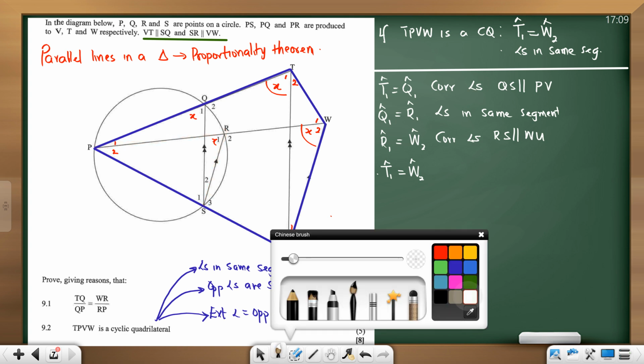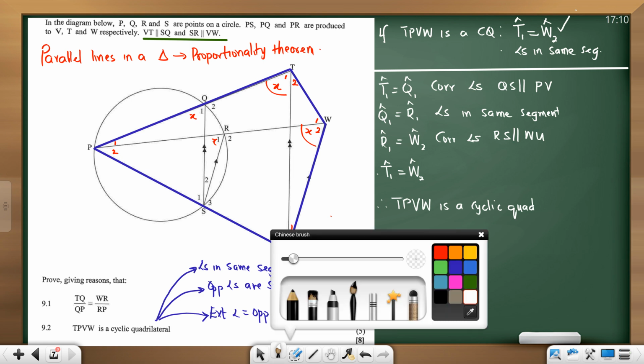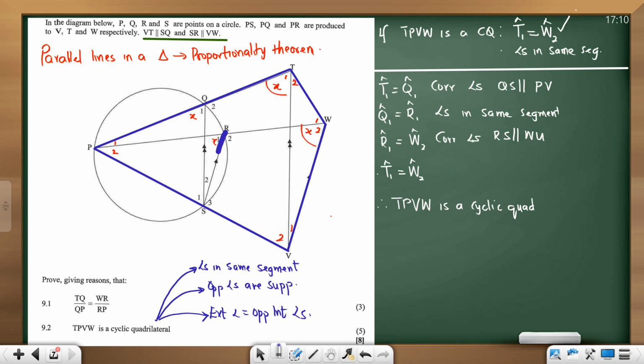So since we now see we have proven this, that was the aim. Therefore, TPVW. Yes, talk to me. Can you please explain how R1 is equal to W2? Corresponding angles. Parallel lines. Do you see parallel lines? Yes. That's okay. Thank you.